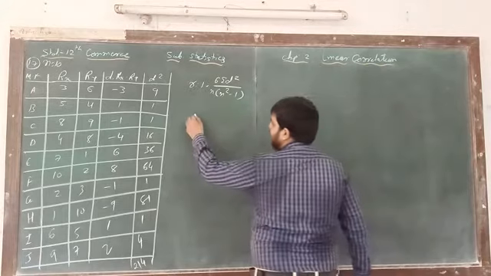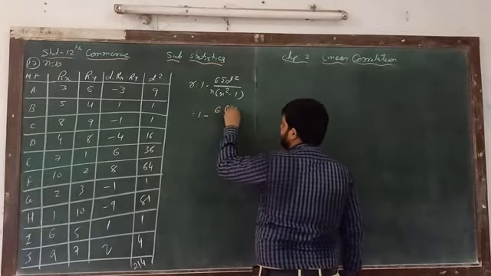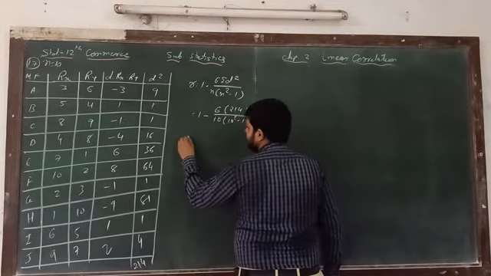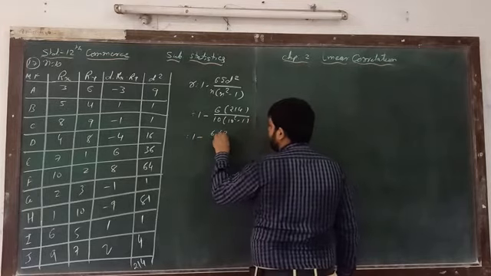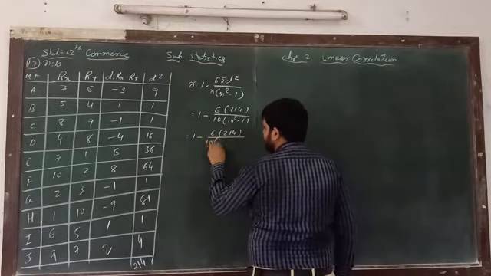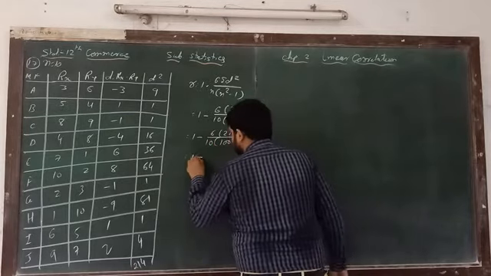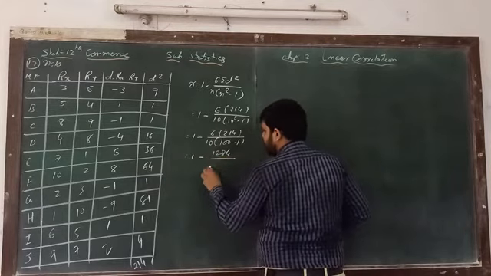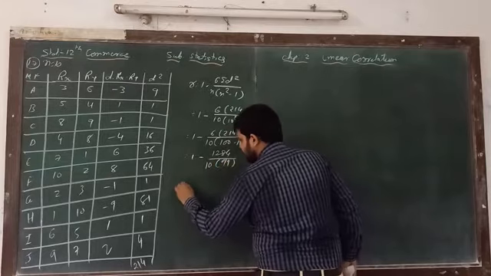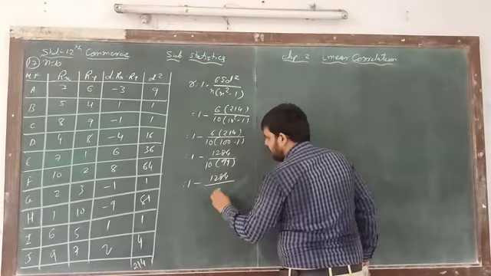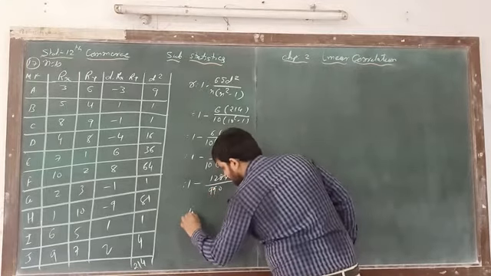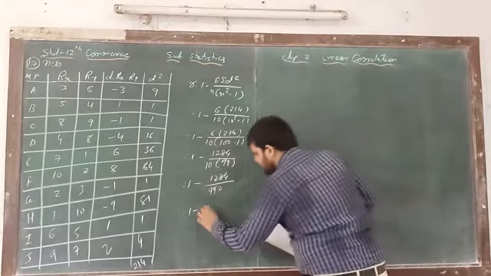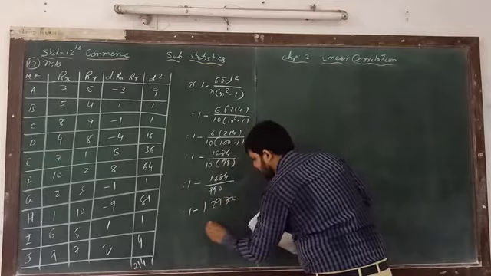Second one, what is R? 1 minus 6 sigma d square, 214, divided by 10 into 10 square minus 1. 1 minus 6 into 214 divided by 10 into 100 minus 1. 1 minus 6 into 214, that is 1284, divided by 10 into 99. 1 minus 1284 divided by 990. 1284 divided by 990, the answer is 1.2970.